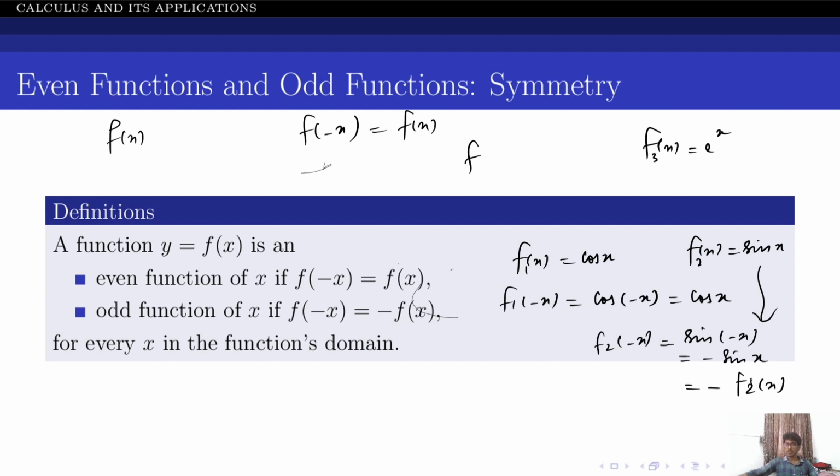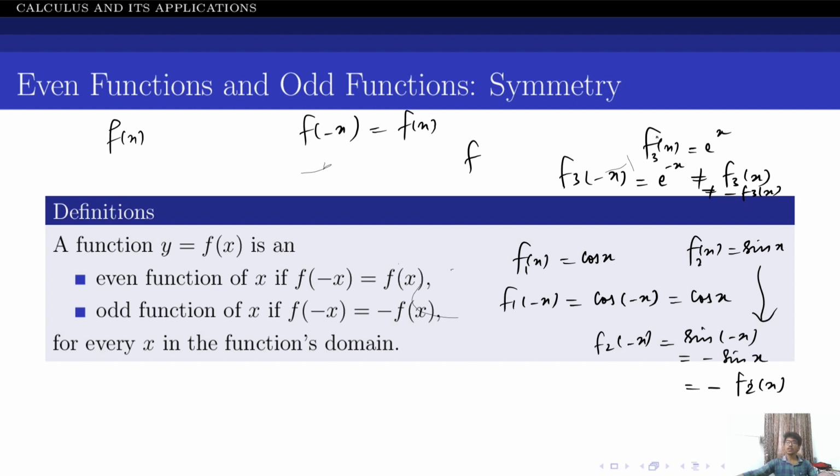So this is an example of odd function. Here if you give f3 of minus x, it is e power minus x. This is neither equal to f3 of x nor equal to minus f3 of x. So this is an example of neither odd nor even.